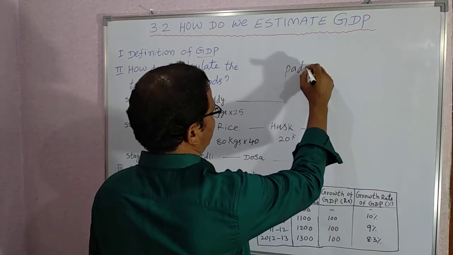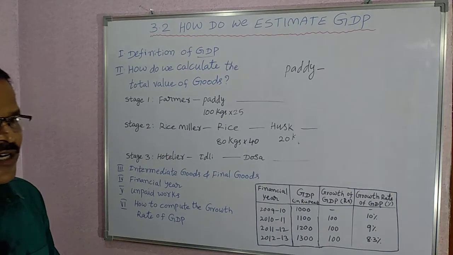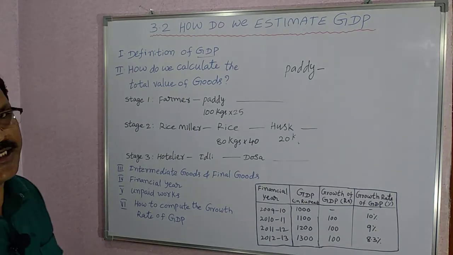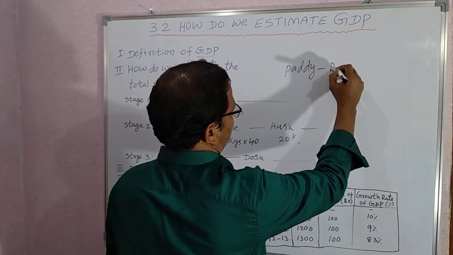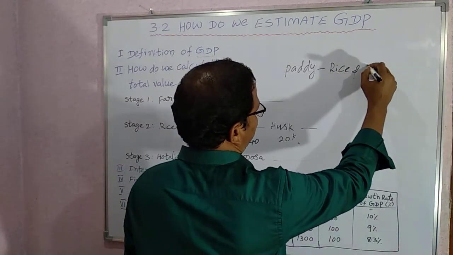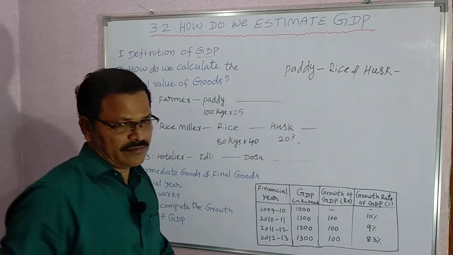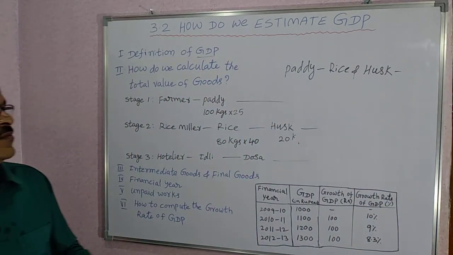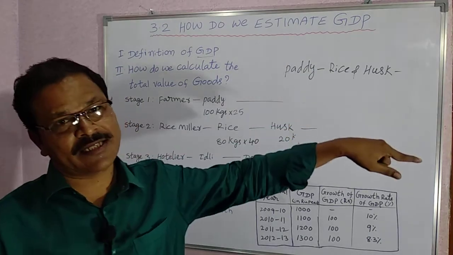The first product is paddy. From paddy, what is produced? Rice and husk. What are the products from rice and husk?